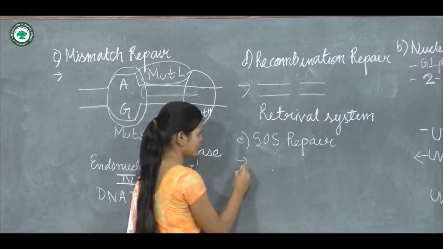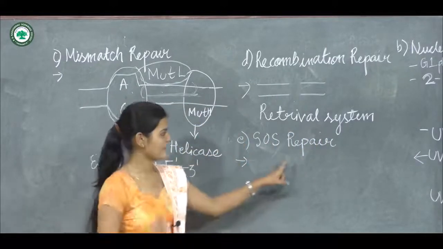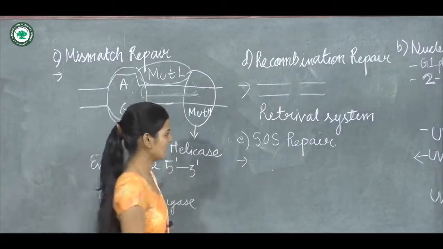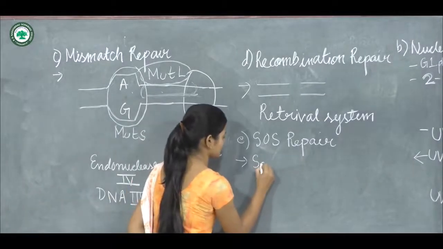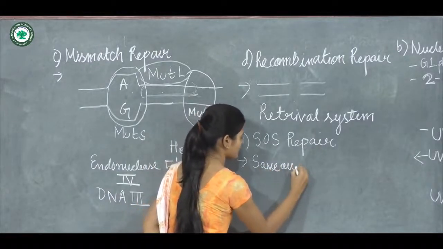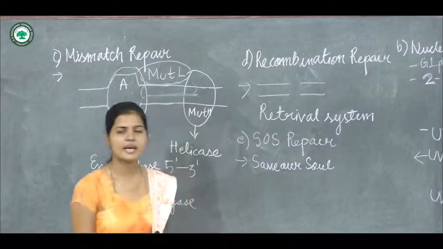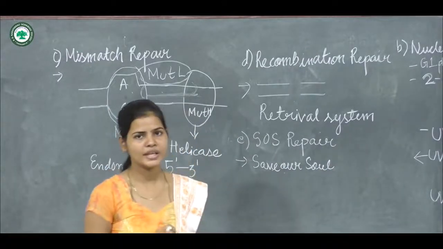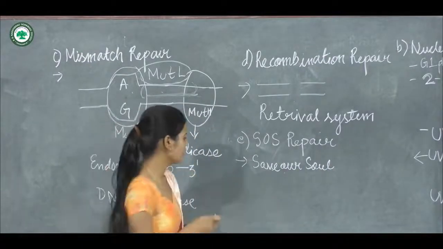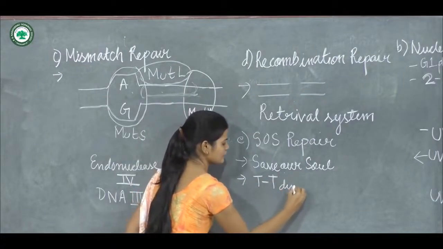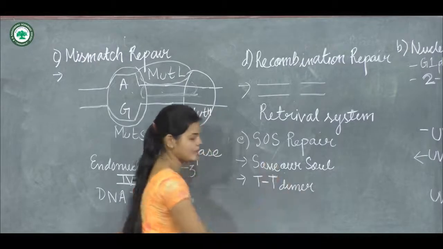So this repair system is also called save or serve. Why? Because when there is highly extensive damage occurring in the DNA, this may be due to the formation of thymidine dimer in the DNA.